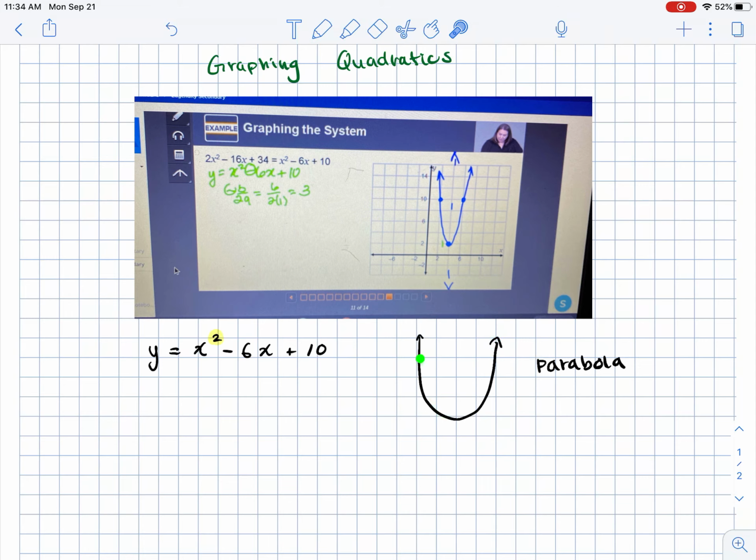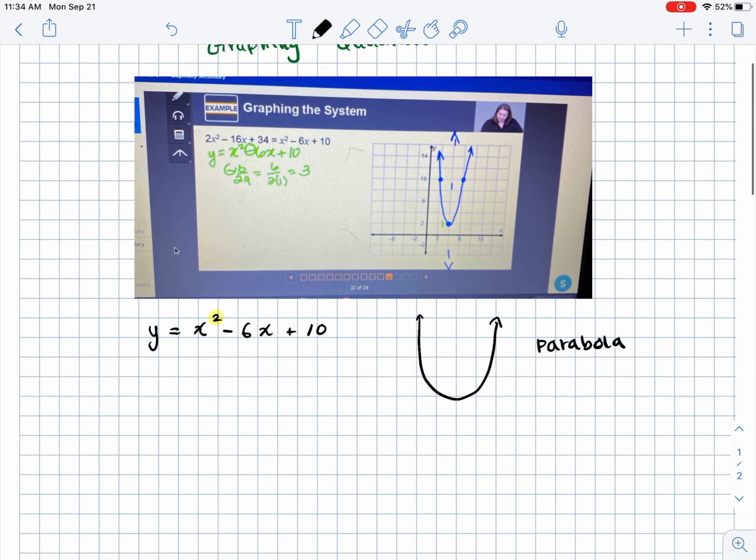Right now this parabola is opening upwards. A parabola can also open downwards, so it can also look like this. They're both parabolas. I don't want you to assume that only parabolas look like this, but it can open upwards or downwards.